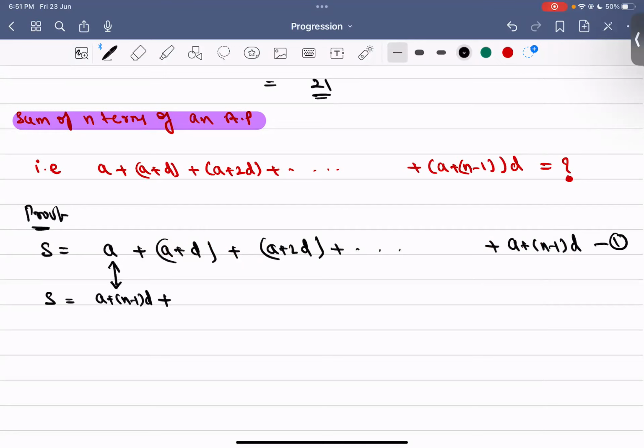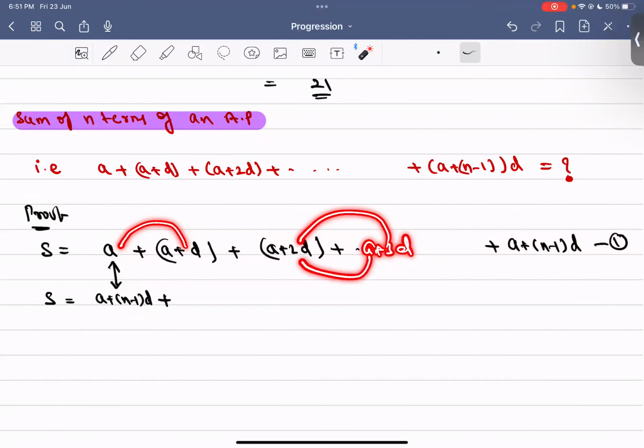So tell me, what is the preceding term of this one? See, the preceding term of A plus 2D is A plus D, and the preceding term of that is A. Suppose A plus 3D is there, the preceding term is A plus 2D, one number less. What is one number less than n minus 1? It is n minus 1 minus 1, that is n minus 2, or not?